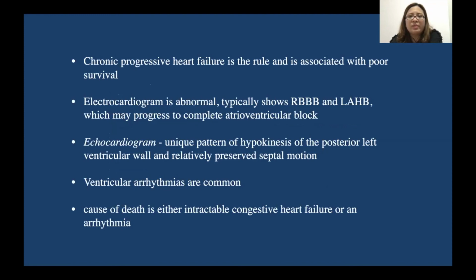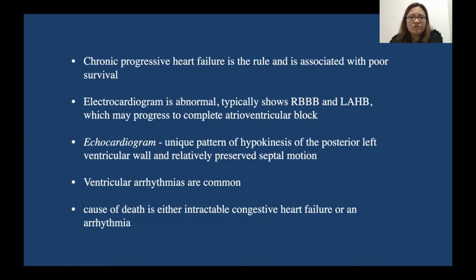The electrocardiogram is abnormal, which will show a right bundle branch block and a left anterior hemiblock, which may progress to a complete atrioventricular block. On 2D echo, there is a unique pattern of hypokinesis of the posterior left ventricular wall and a relatively preserved septal motion.